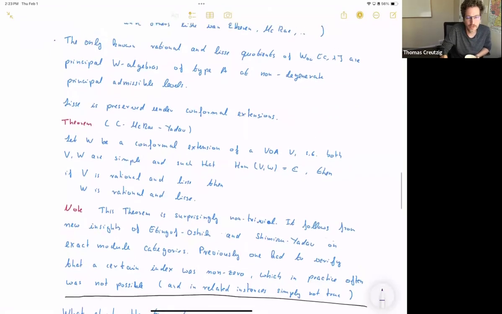So the motivation here is, roughly speaking, W-algebras of type A. Type A, always the simplest type, can conjecturally at least be built out of a universal structure.